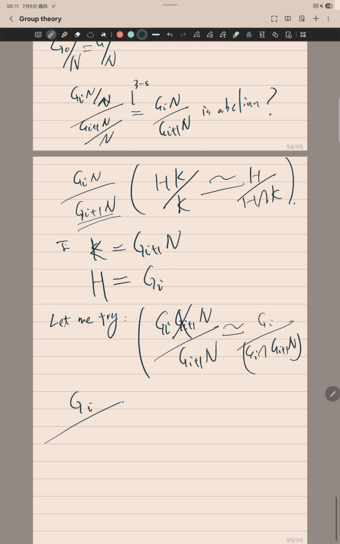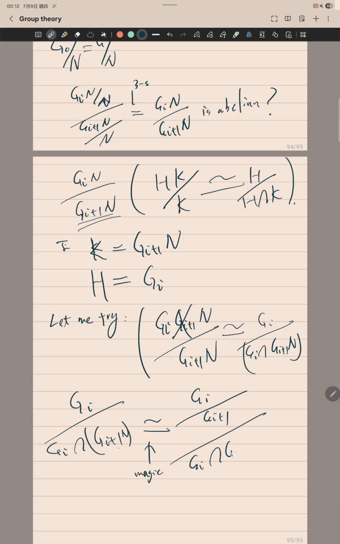So now we consider G_i quotient G_i intersection with G_{i+1}N. Here comes the magic. We divide everything by G_{i+1}. First you notice that G_{i+1} is a normal subgroup of G_i. Also, G_{i+1} is a normal subgroup of G_{i+1}N.